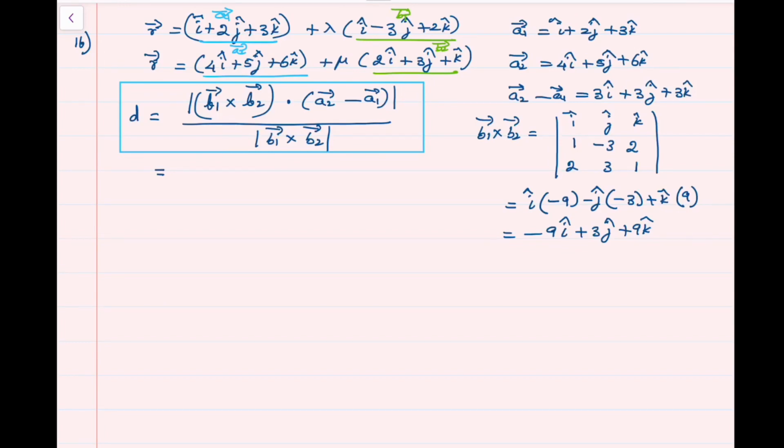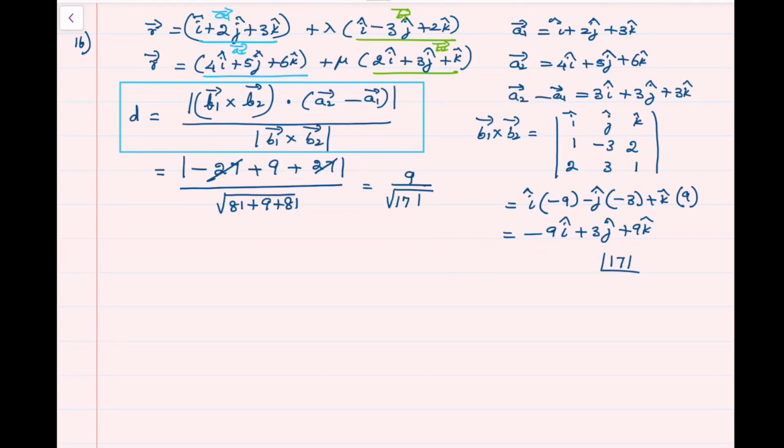Multiply the corresponding components and add. 3 into minus 9 is minus 27, plus 3 3s are 9, plus 27. Absolute value sign is there. Divided by magnitude of b1 cross b2, which is root of 81 plus 9 plus 81, which is equal to 9 divided by root of 171.